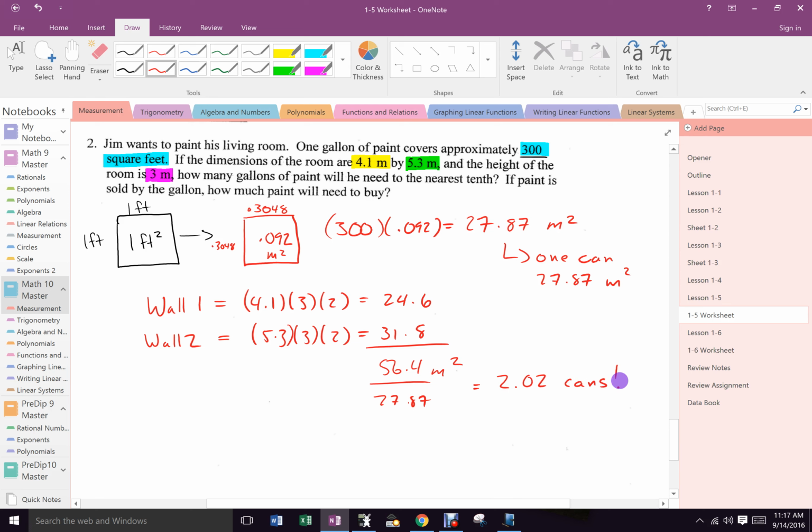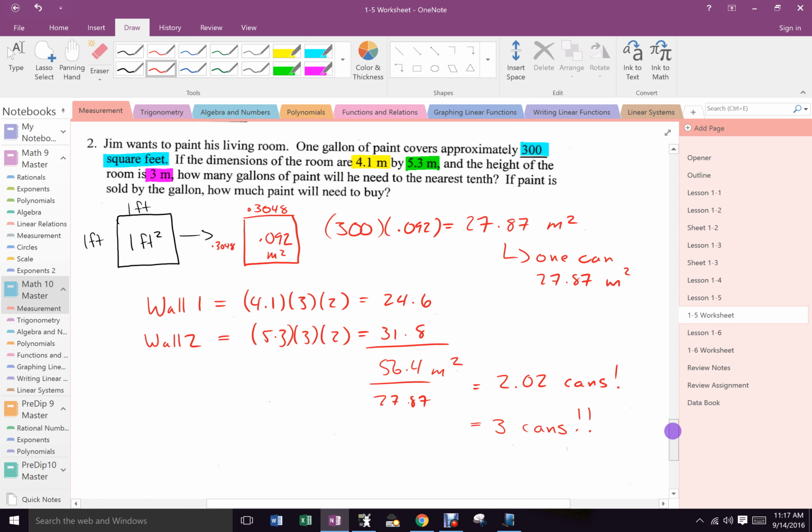Now the question is how much paint will I need to buy? 2.02 cans, so I gotta buy 3 cans. Now there's other ways to do this. You could also convert these all to feet and then work it that way.